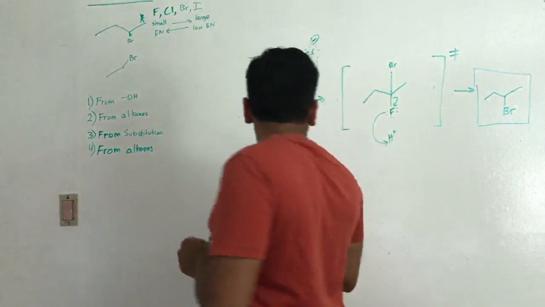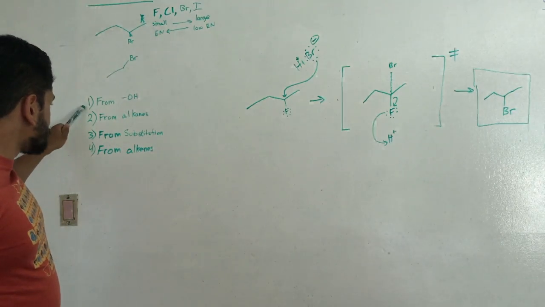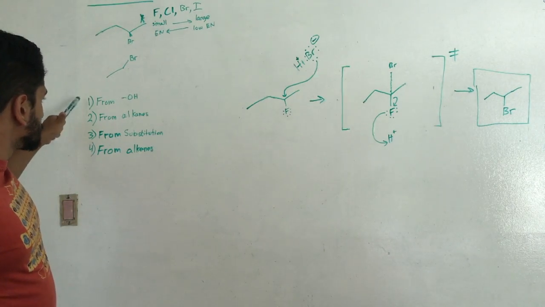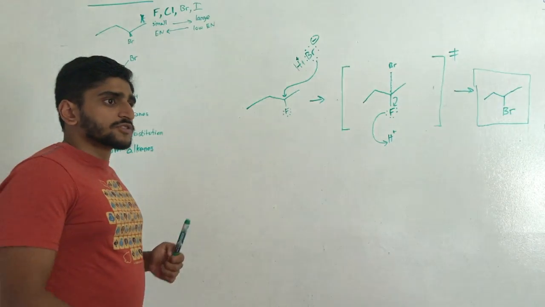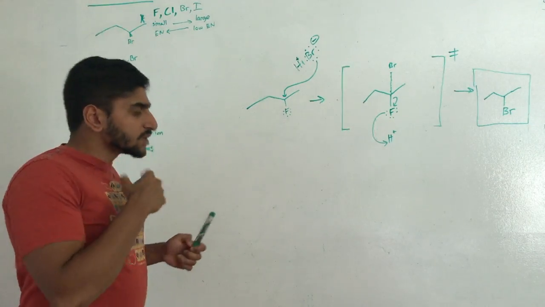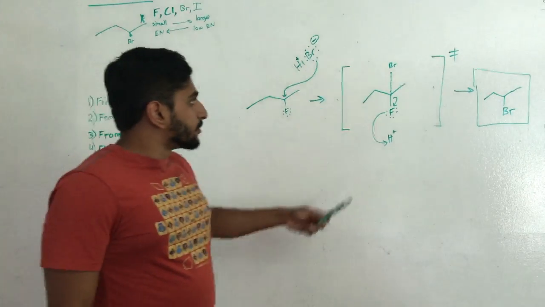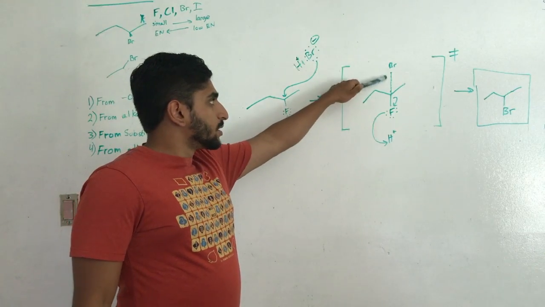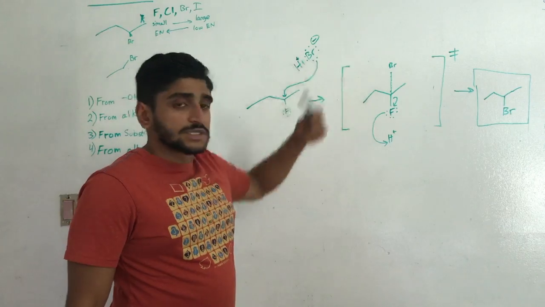So what's important to remember again with this system is that much like the OH substitution, it's essentially the same reaction, it just happens in a much faster single step, is that you will end up with a reversed stereochemistry because the bromine, being much larger than the fluorine, has to attack from the other side.